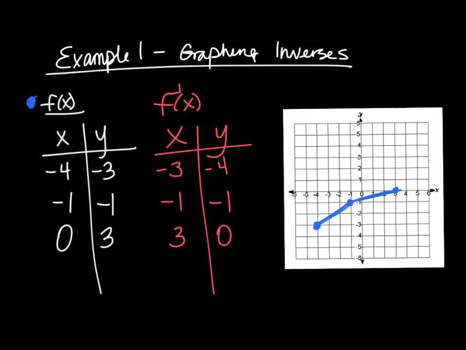So now when I graph these, we should see a kind of mirror image appear. And it is true that if I graphed that y equals x line, which is just a diagonal line straight through the graph, you should see that those mirror across that green line. That is how you can check, by checking that you're getting a mirror image. And if you are, you know what you've done is correct.